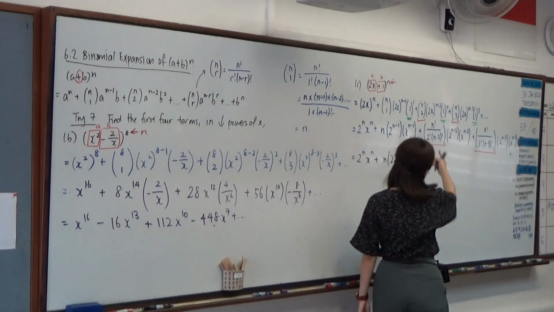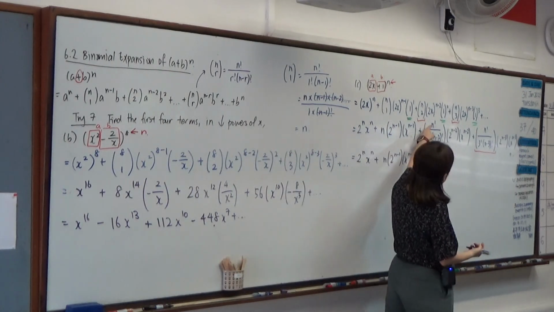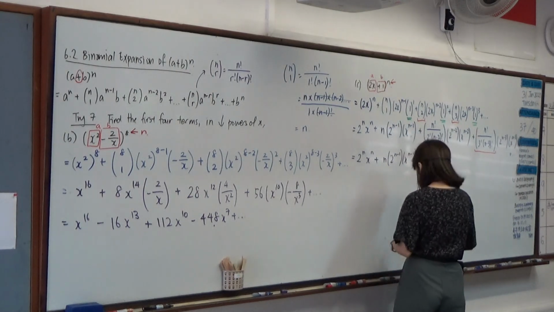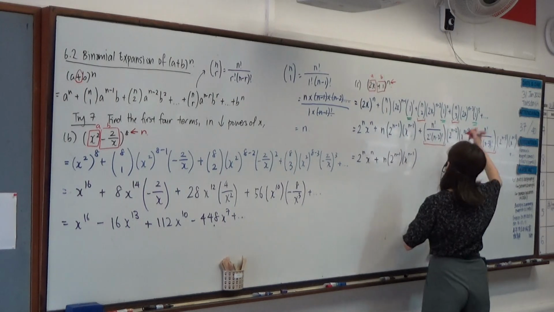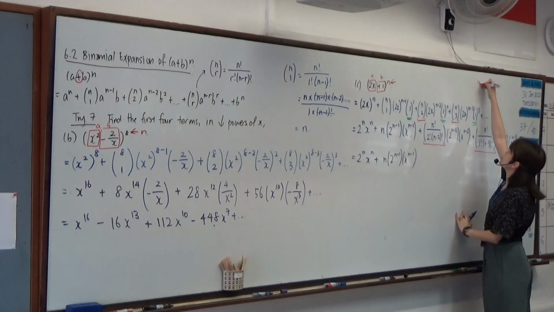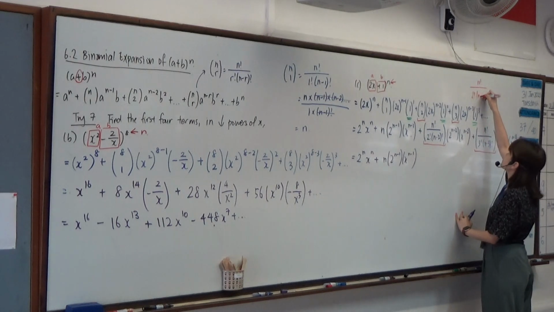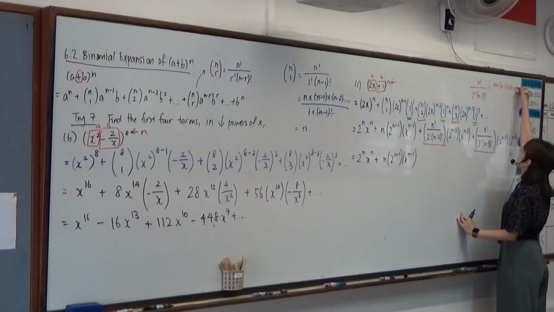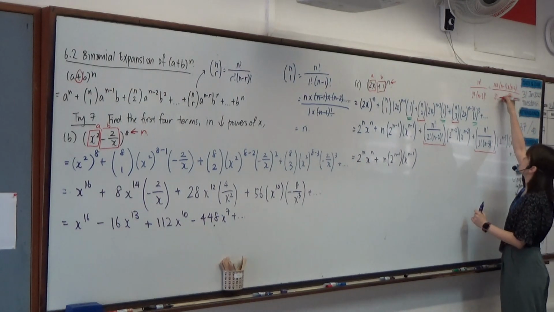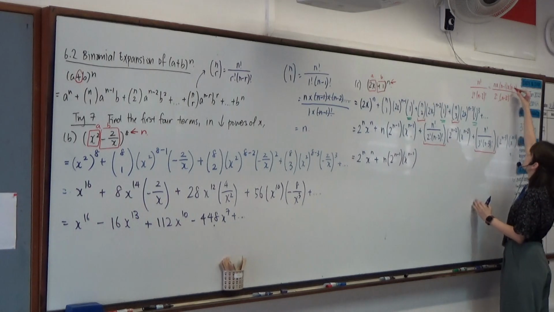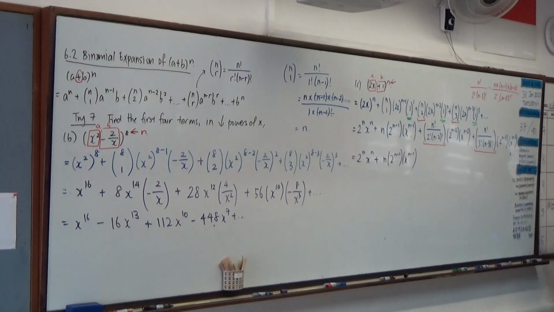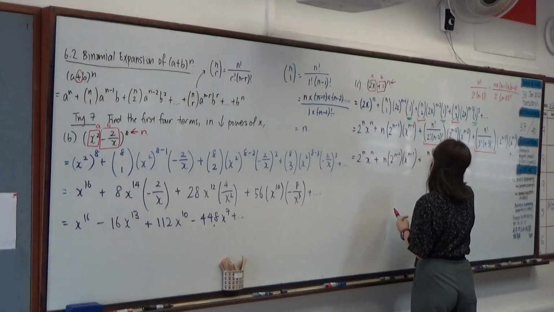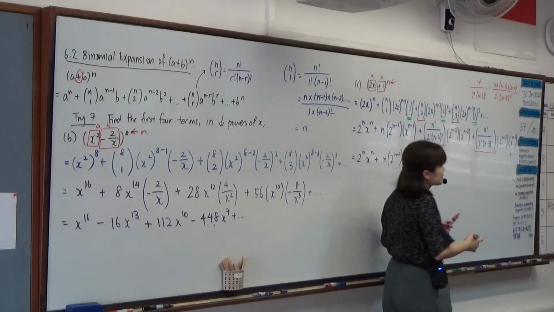All we have to do is this one. n factorial is your n times n minus 1 times n minus 2 and so on. So what I'm trying to do is cancel out the n minus 2 factorial. And then I'll be left with n times n minus 1 over 2 factorial, which is just 2.